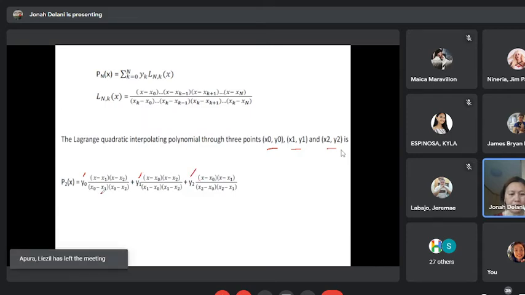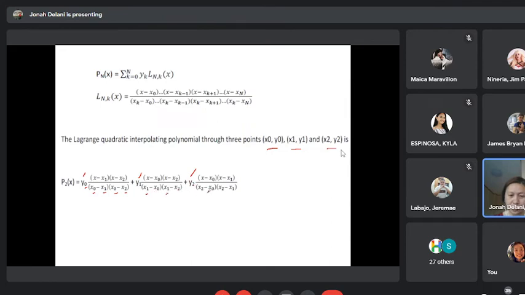In the denominator, dili pwede x0 minus x0. Mag-match siya ha, x0 minus x1, x0 minus x2. 1 man na siya. So we have 1 po diri. Minus the other excess.